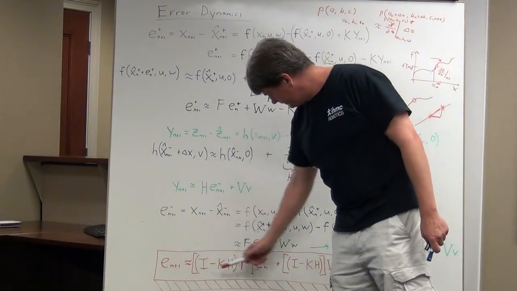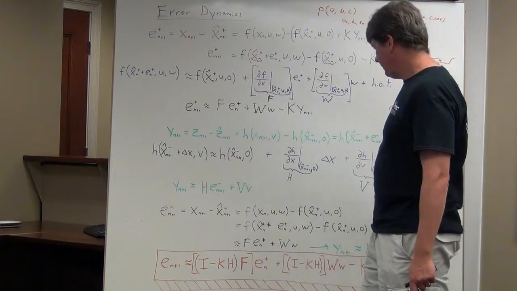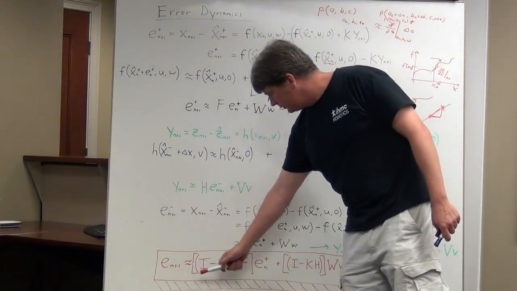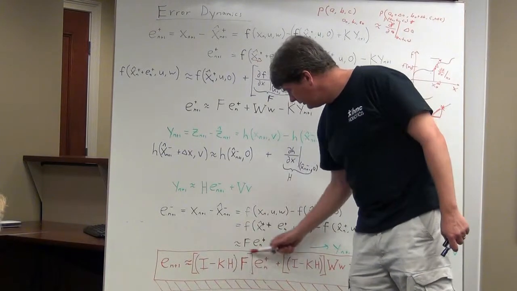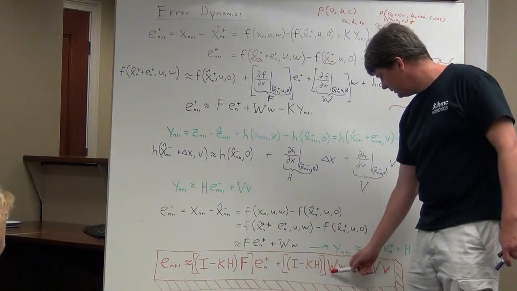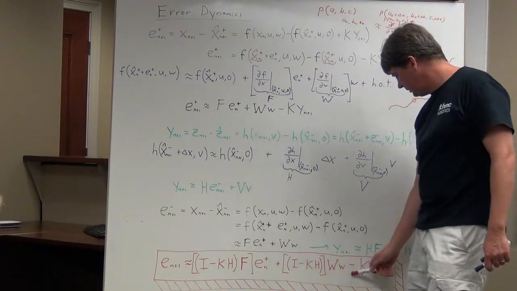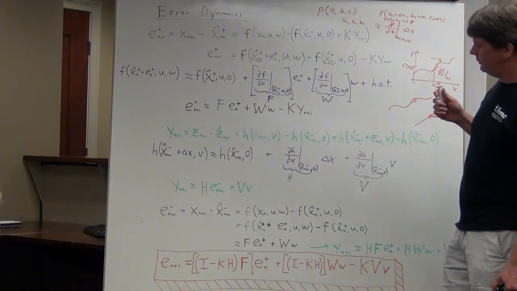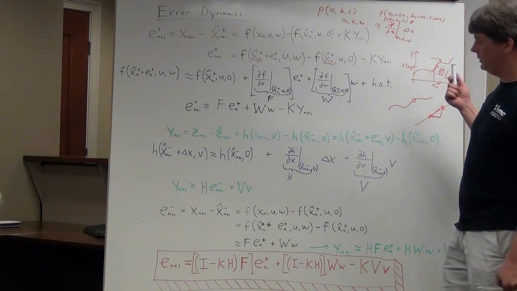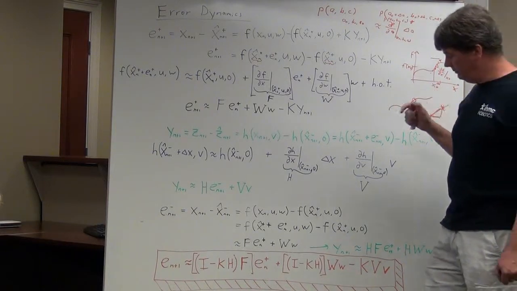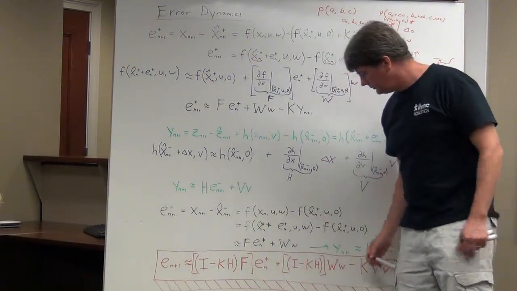So throw that back in and rearrange terms so that you get e n plus 1 is going to be all this matrix stuff times e n plus this matrix stuff times big W little w minus k times big V little v. And if you recall from last lecture with the linear Kalman filter, you get exactly this equation too.